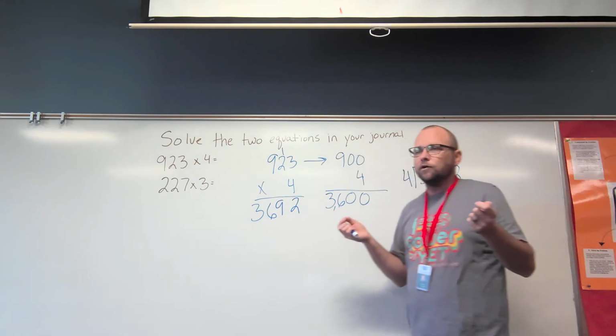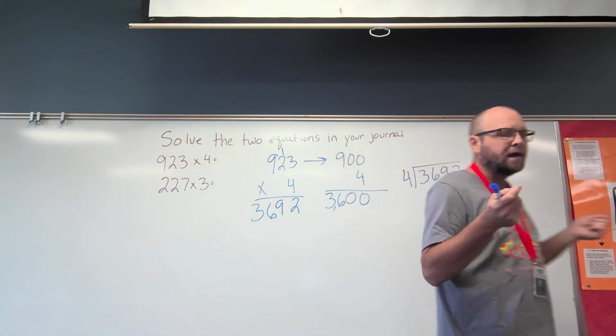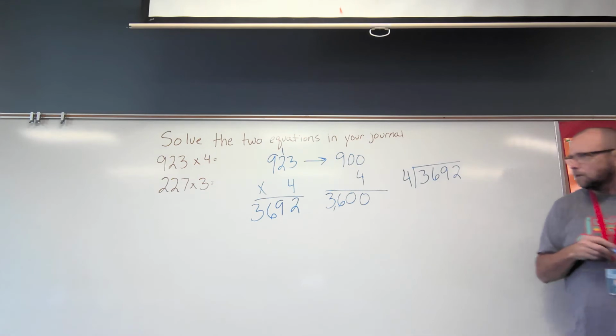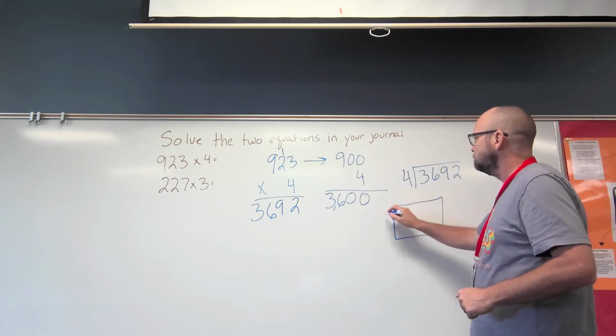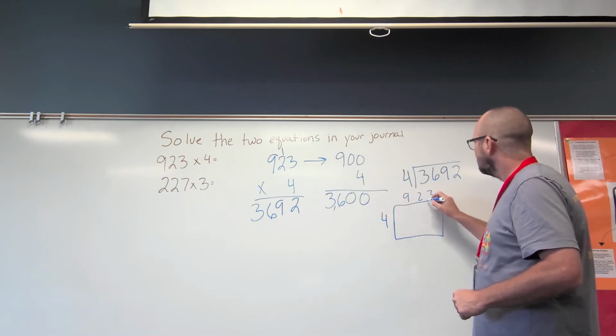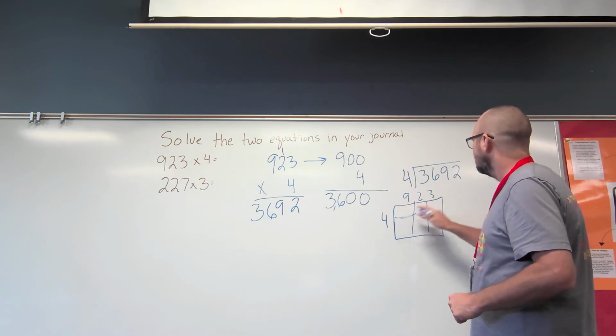Now you guys have learned other ways to do the multiplication. And honestly, I don't care how you do it. Doesn't matter to me. I mean, you've probably learned the lattice method. 9, 2, 3. I don't care if you use that.